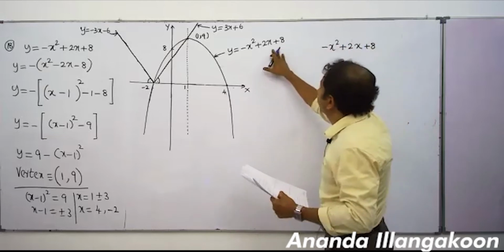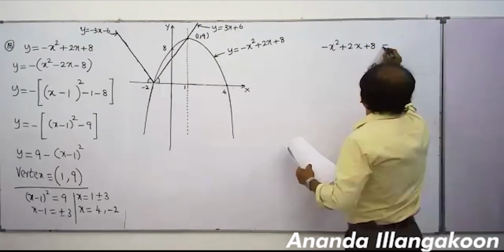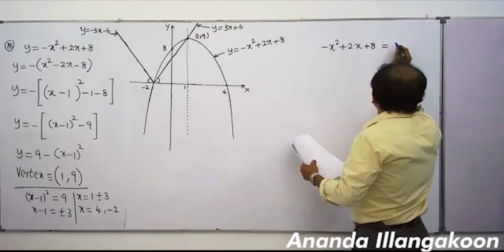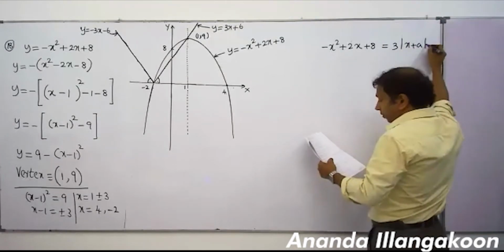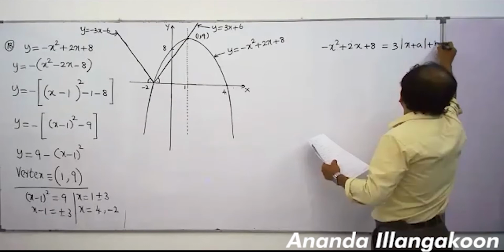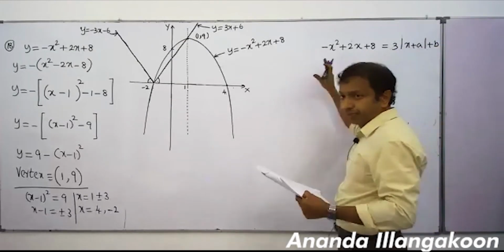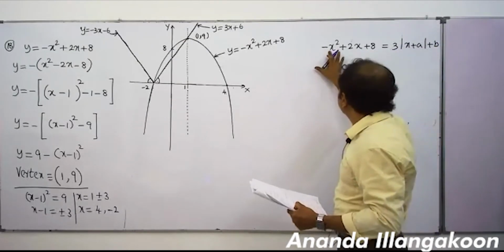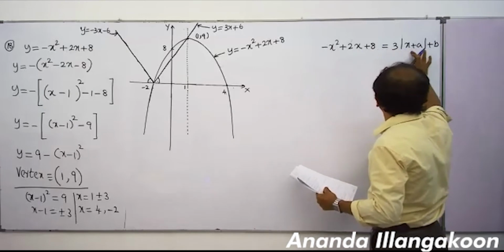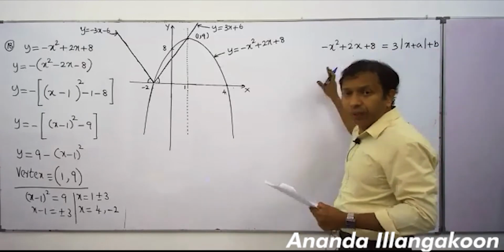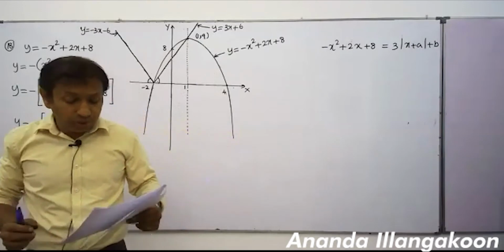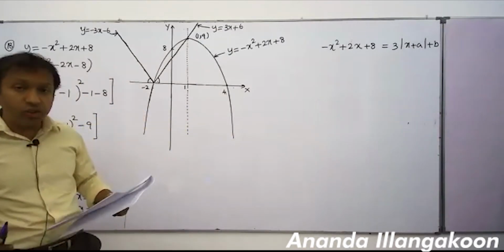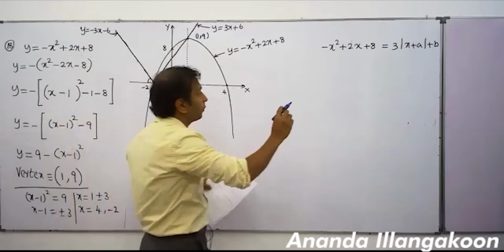That means this graph equals 3 times mod x plus A plus B. This is an equation. This graph and this graph, when we draw both in the same diagram, the solution should be x equals 4 and x equals minus 2 for this equation.